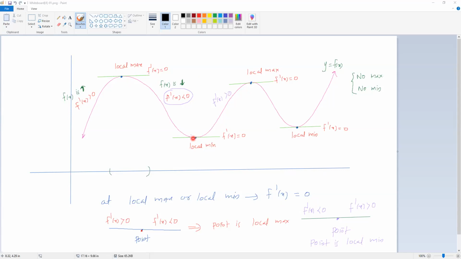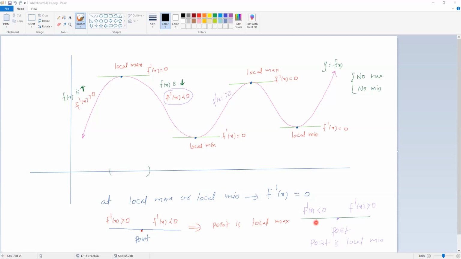Now how do we identify whether it is a local maximum or a local minimum? For a local maximum, on the left side the function is increasing, then it reaches the maximum, then the function is decreasing. Function increasing means derivative greater than 0. So if the derivative is greater than 0 on the left side and less than 0 on the right side, that point is a local maximum.